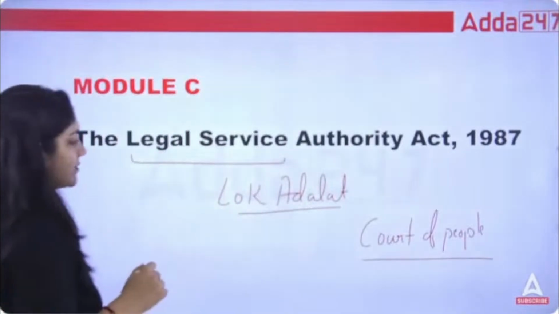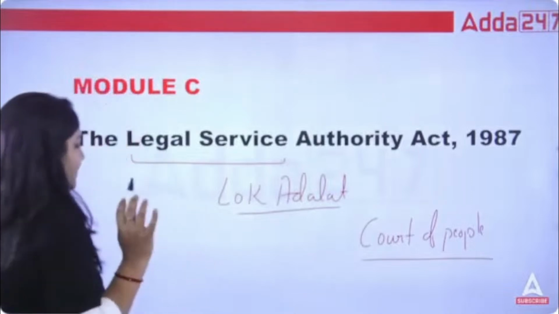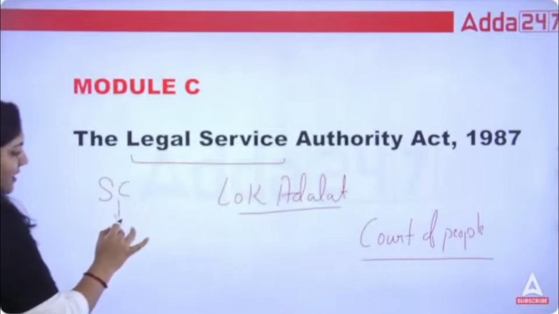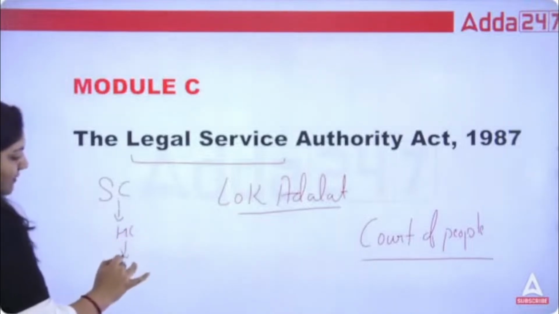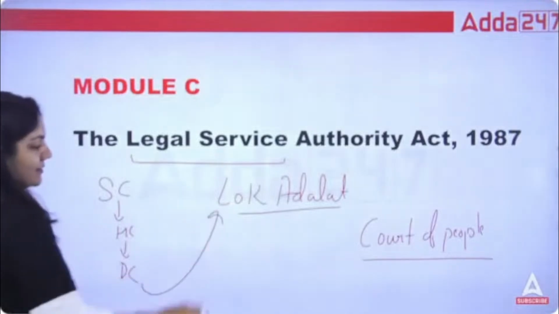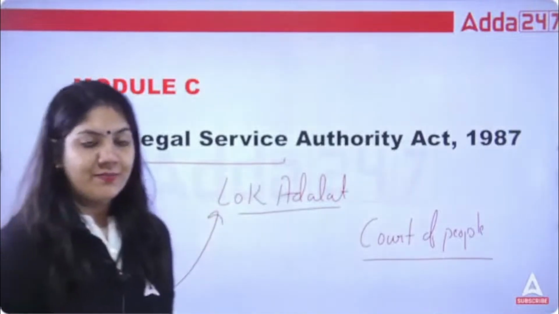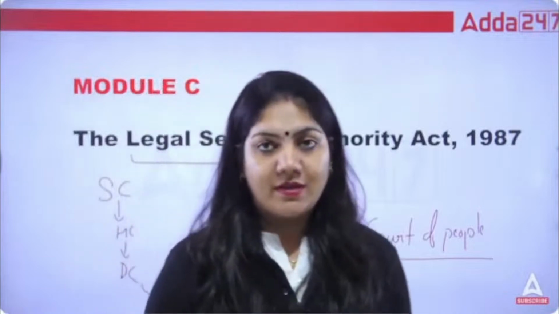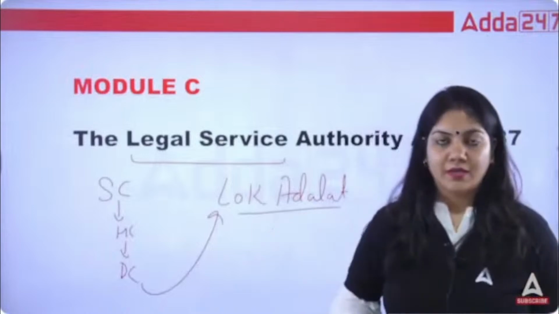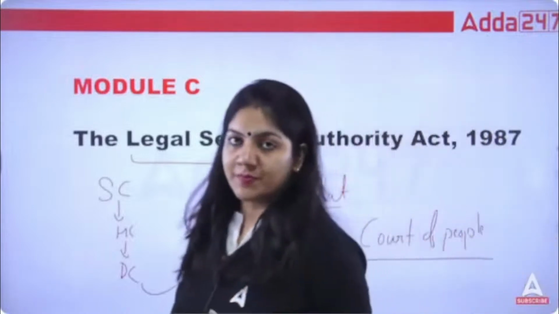If we talk about the Lok Adalat, basically as we know in India, the Supreme Court is the highest court, after that High Court, after that District Court. Below District Court, the Lok Adalat is there. Lok Adalat is the alternative way to solve the dispute.